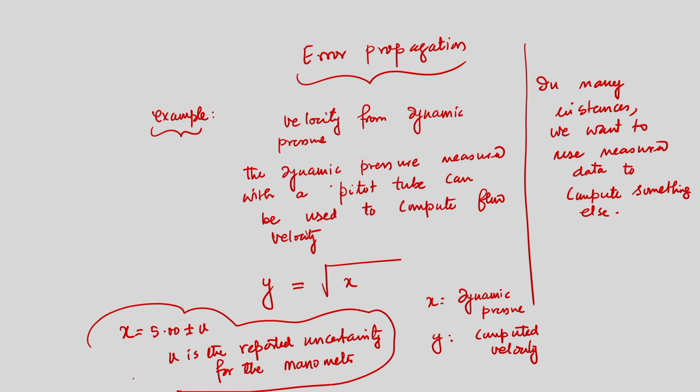So, that is what I was talking about in the last class, that any system, instrument or device which is produced in a manufacturing unit should be certified with the uncertainty.